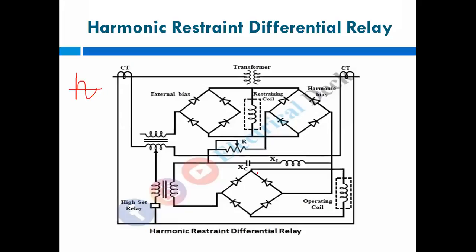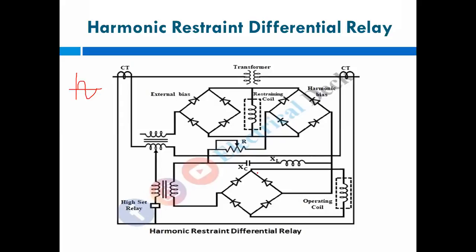Okay, but sometimes there are more harmonics due to these magnetic inrush currents. So to reduce their effect, we are increasing this restraining force, so that if there is a fundamental harmonic, that will be sensed by the operating coil only.